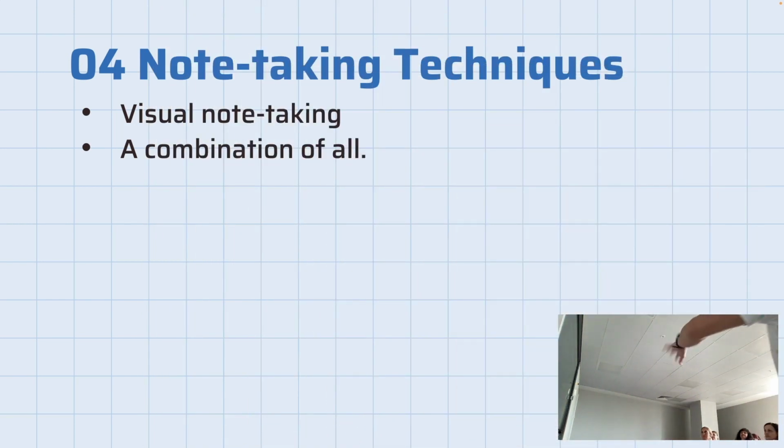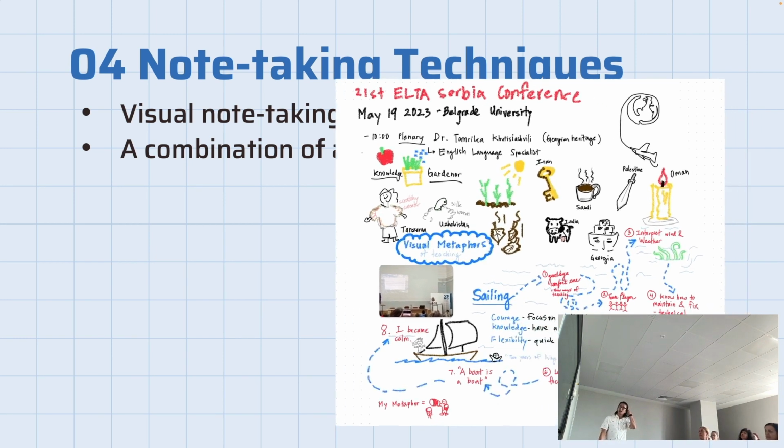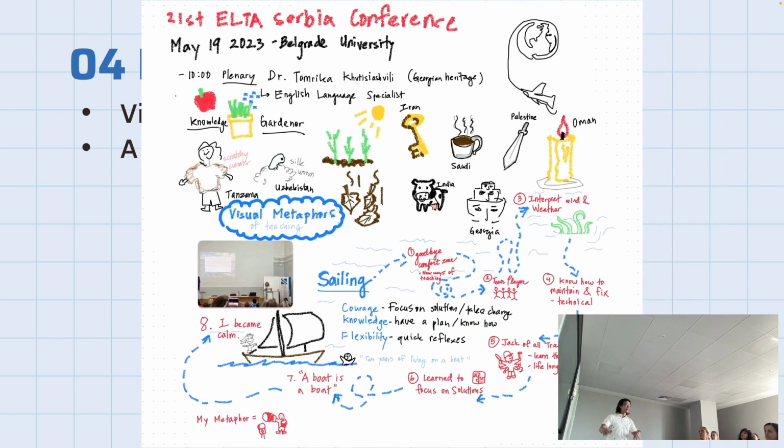Okay, so this is visual note taking. This is another way you can do it. I like it because it's a combination of everything. You can use keywords. This is something that I took at a conference this year, and it was kind of built for this, right? Her presentation was about the metaphor for language teaching using sailing, and so I just took her ideas and visualized it.